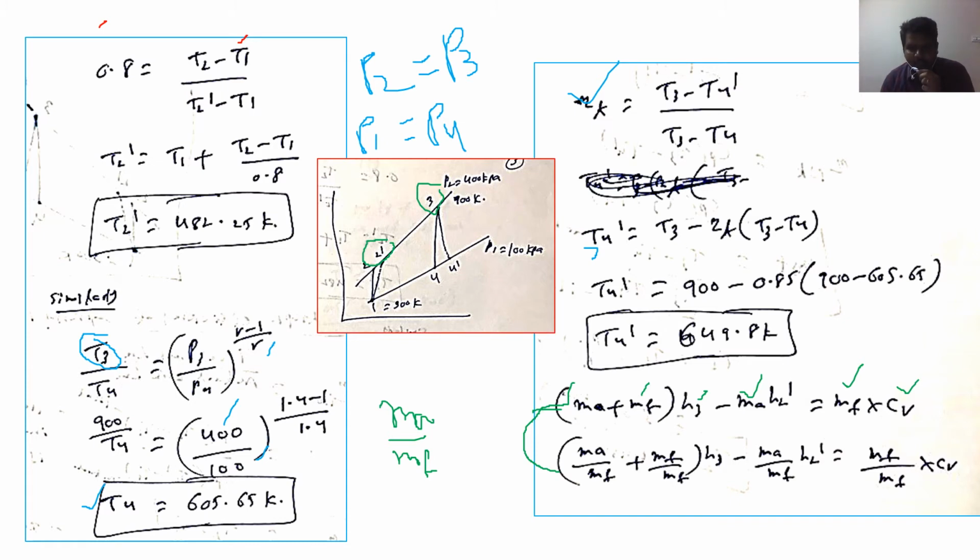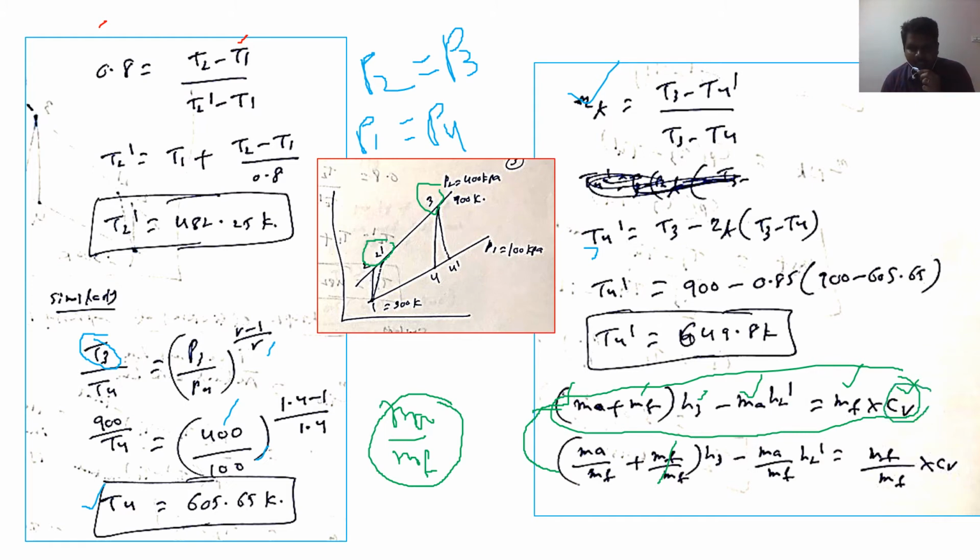Here the whole equation is divided by the mass of fuel to find Ma by Mf, so mass of fuel gets cancelled. Now we can find the mass of air divided by mass of fuel.